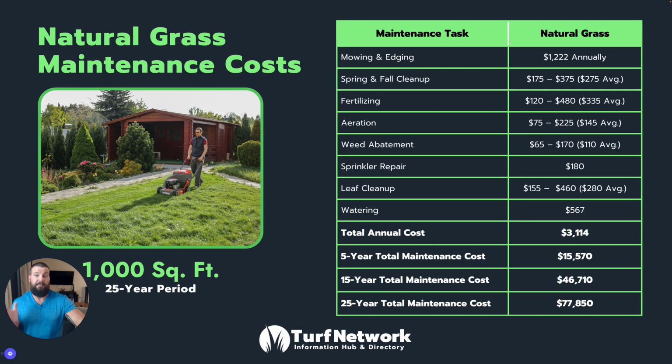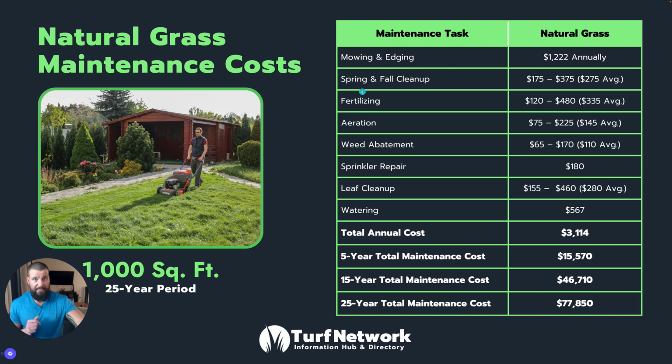Natural grass for the same size area, 1,000 square foot space or lawn over a 25-year period. This is not necessarily a complete list, so there may be additional items that I missed that should also be on here, but I figured this would suffice for conveying the differences in the cost of maintaining natural grass versus artificial grass.